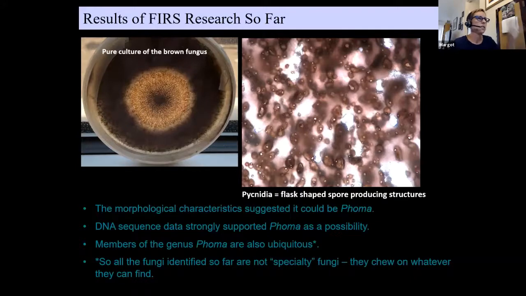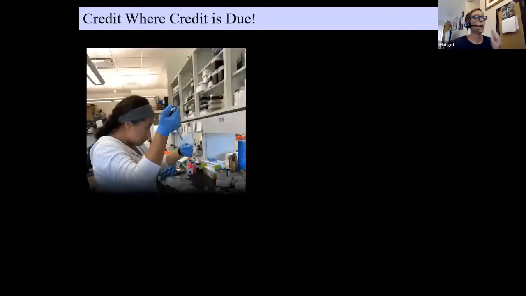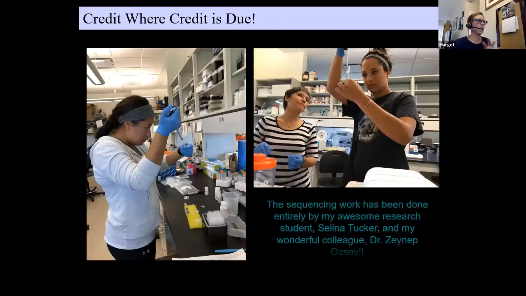I've got a list of what's next for this project. Before I get too far with that, though, I need to make sure that I give credit where credit is due, and that is for the sequencing. While I did do the morphological work, I really had very little to do with all the sequencing work. That was due entirely to the hard work of my most recent research student, Selena Tucker, who's off to graduate school, and my colleague, Zainab Asay, who's on here today.